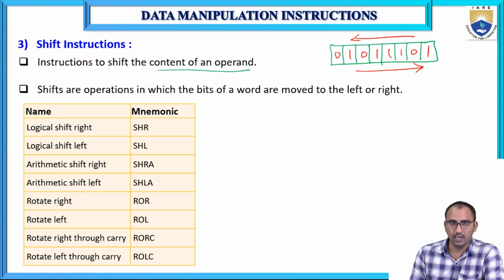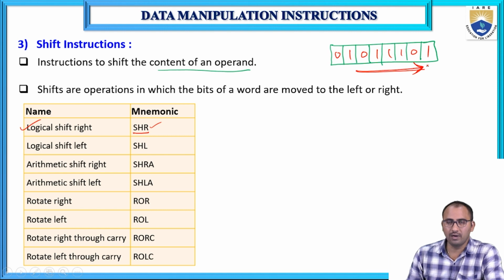So let's see what the different shift instructions available are. The first one is logical shift right. The mnemonic is SHR. That means we are performing a shift right operation on the data stored in the register. Suppose you perform one shift right operation, what will happen?